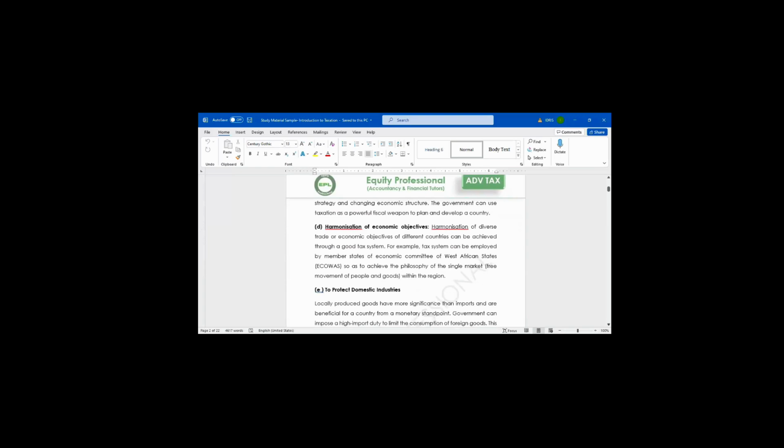Government collects tax so that the national economic objective can be achieved, so that government can have interrelationship between one another, so that government can relate with other governments in other countries.